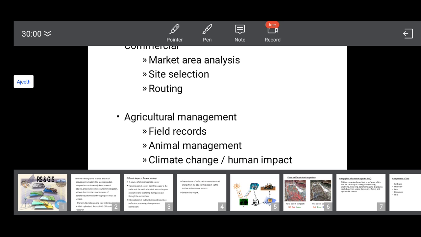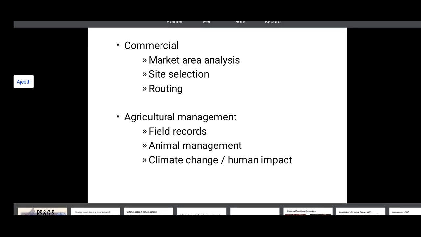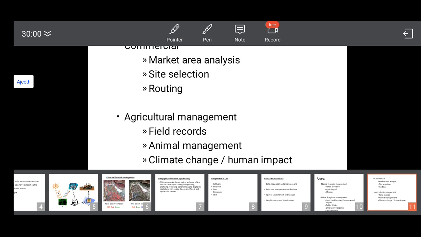So that you could understand what has been done or how difficult it was to navigate from point A to point B without the help of RS and GIS, right? So that was all about RS and GIS.